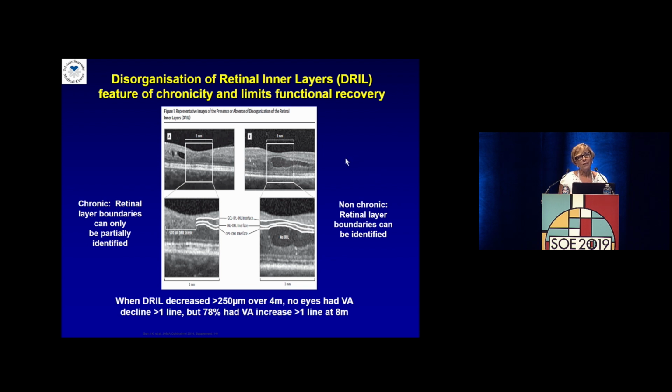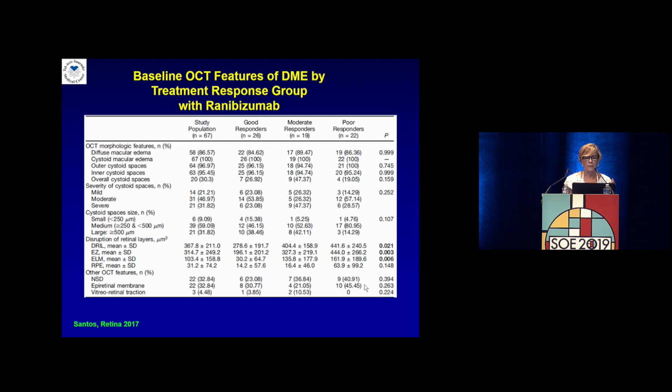And she stratified the patients to chronic disease, where the retinal layer boundaries can only be partially identified, such as these patients, or non-chronic, where you can nicely identify the retinal boundaries. And she was able to show that if DRIL decreases over the first treatments, then probably the visual acuity will be better than if DRIL does not decrease. So it is another OCT biomarker that is looked at as important.